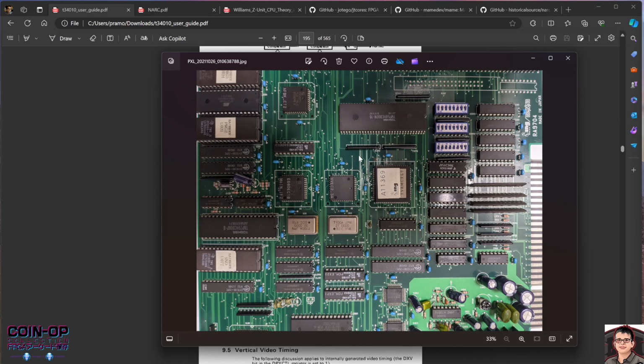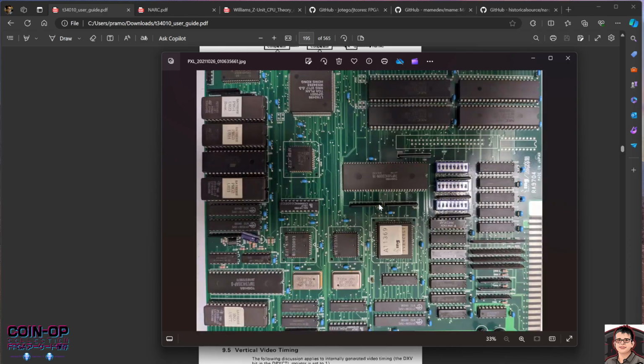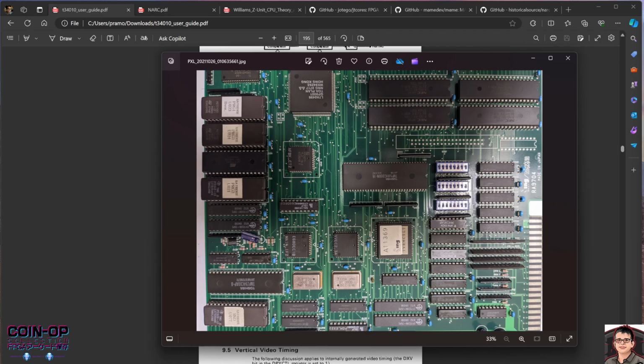So I can see where the customs are and where they connect to, so I can discern what they might be doing or infer where they might be going to. So I take lots of detailed pictures of the board at different angles, different lighting, just so I can see things clearly.